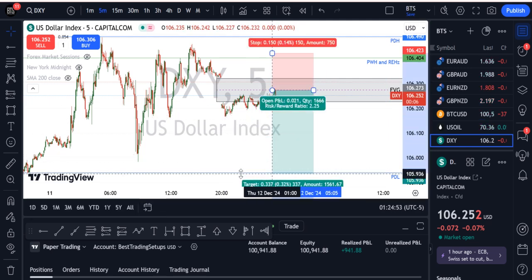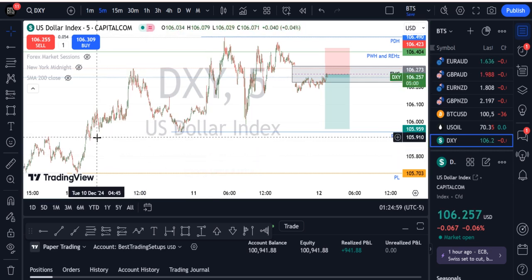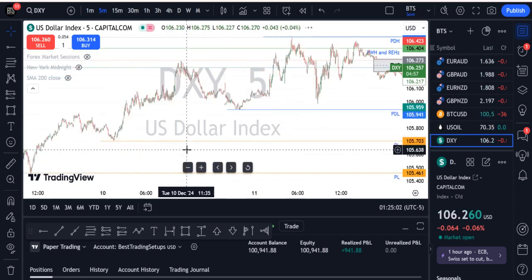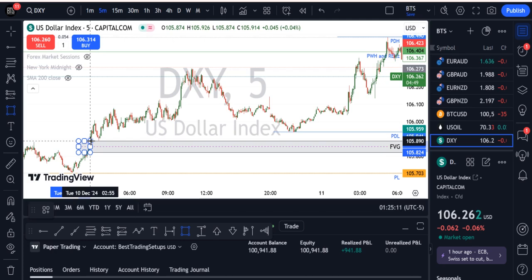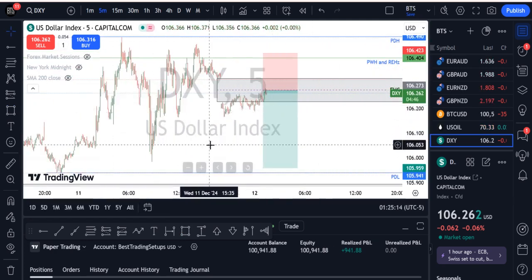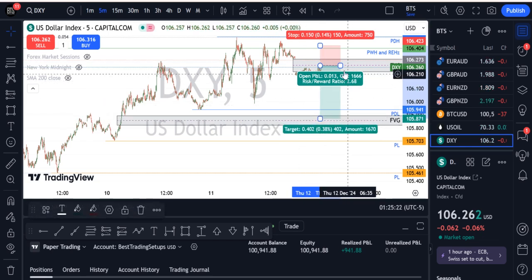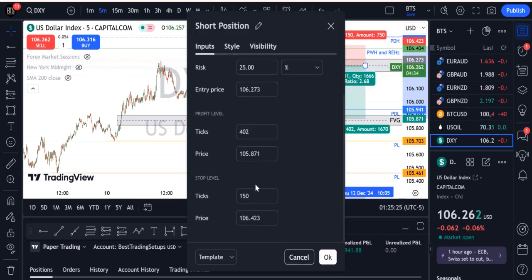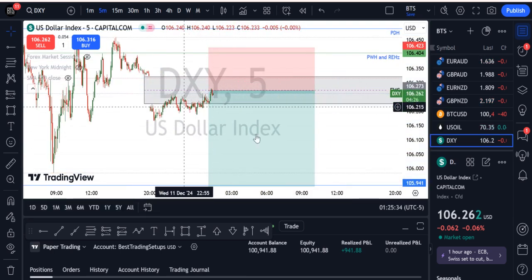So we should see DXY go for its previous day's low, or come to this area of imbalance, right here, that fair value gap. We should see price come in and get it filled. So roughly around 400 ticks, or let's just say 450 ticks. So a 1 to 3 setup currently.